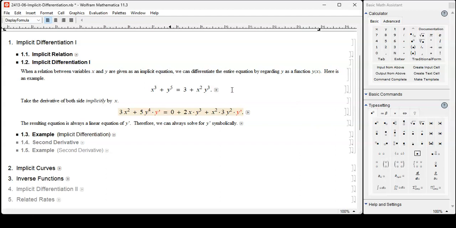So we took the derivative implicitly like this. That's the key. And then let's solve for y prime to find the derivative y prime expressed in terms of x and y. How do I do that? Let's solve symbolically.